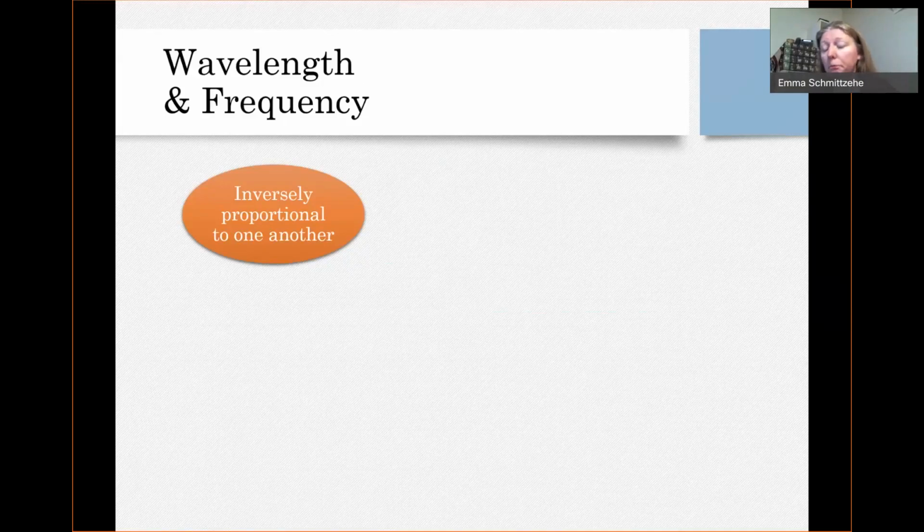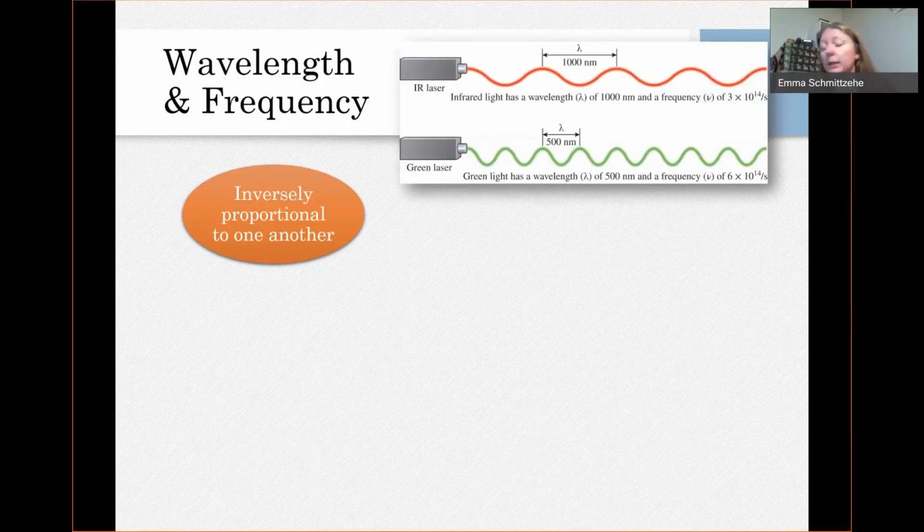That's always true. I have another example here for you guys. I've got an example of comparison between an IR laser and a green laser. An IR laser puts out light with a wavelength of 1,000 nanometers, or at least this particular one, because there's a whole range of wavelengths.